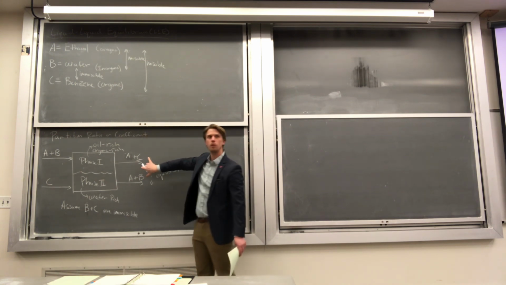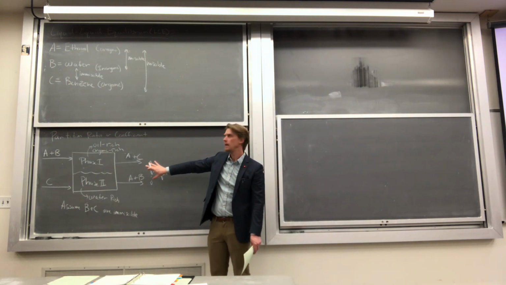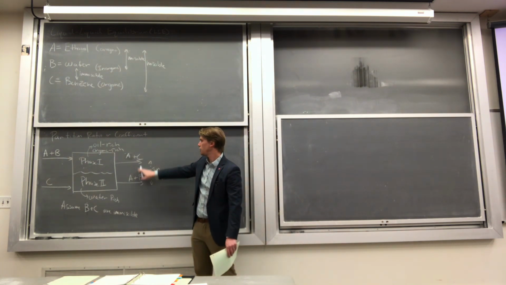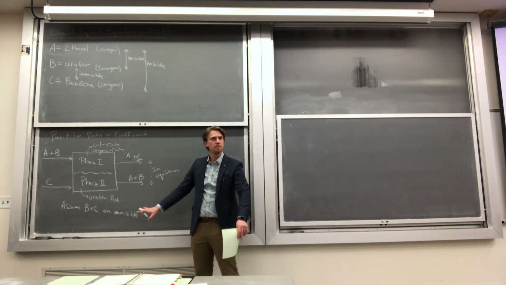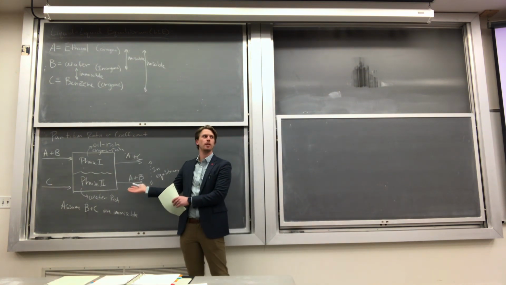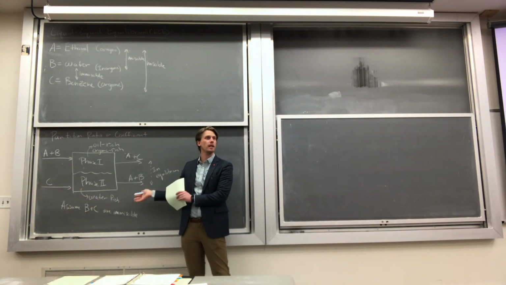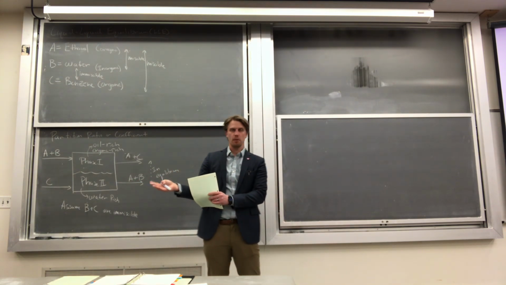So we can use our phase transition thermodynamics to determine how much of A goes into C and how much of A goes into B. Okay? So Raoult's law is the same thing, but the problem is liquid-liquid phase equilibrium is actually very, very complicated, and so it's a bit outside the scope. So we're just going to rely on data that other people have developed. Okay?